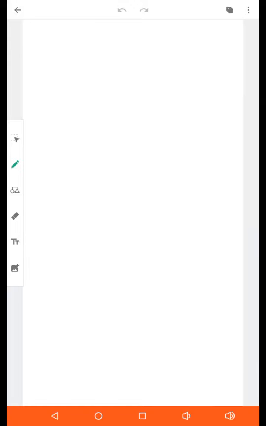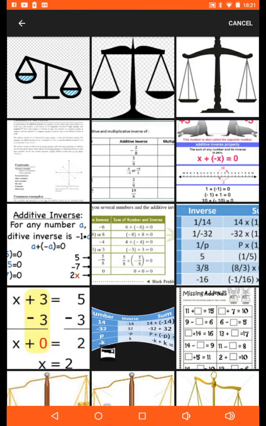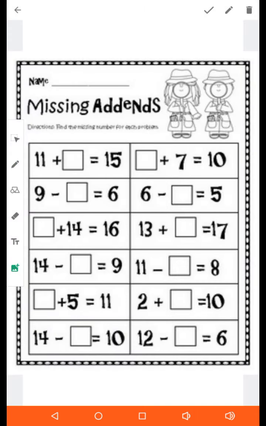We'll be looking at linear equations, which are related to something basic we did at primary school, which we'll be looking at very soon. Yes, you can all recollect these types of questions you did in primary 2, primary 3, which we call missing adding.